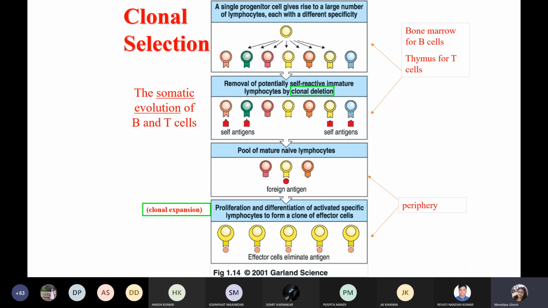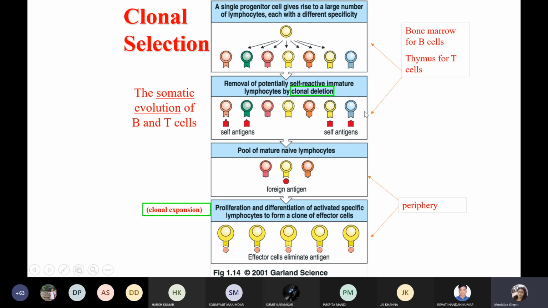Understood? So in this way, the clonal expansion happens: from a single cell, multiple B cells are generated. It is called clonal expansion. But the cell which is interacting with the foreign antigen will be proliferated.